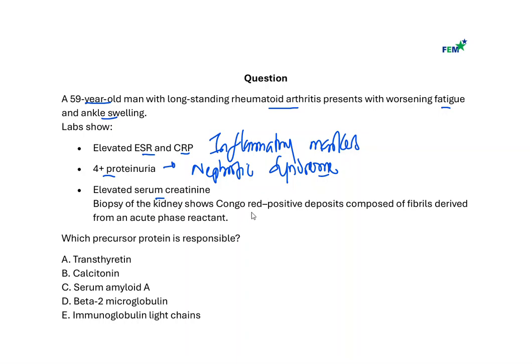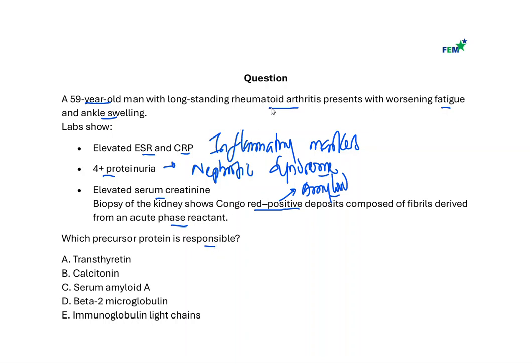A biopsy of the kidney shows Congo red positive deposits. As you know, Congo red is what we use when we're looking for amyloid in the tissue, derived from an acute phase reactant. Which precursor protein is responsible for this?